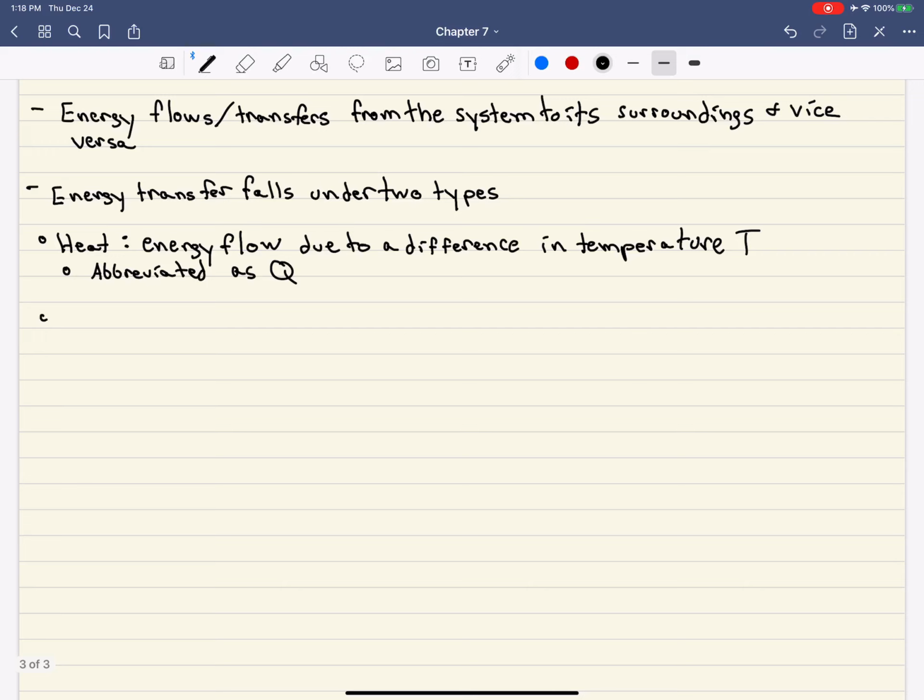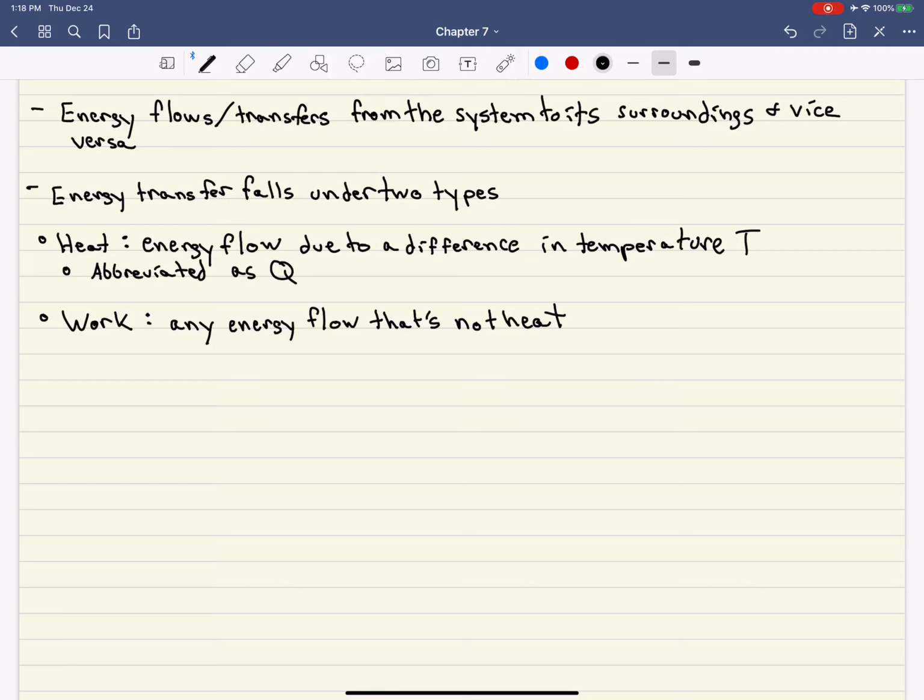The other type of energy transfer that we'll consider is work. And so the definition for this is kind of similar to, or analogous to, the definition for internal energy. And so work is going to be any energy flow that's not thermally driven, or any energy flow that's not heat.